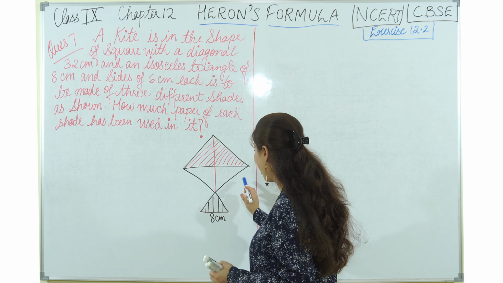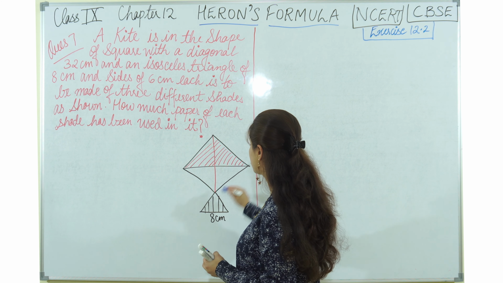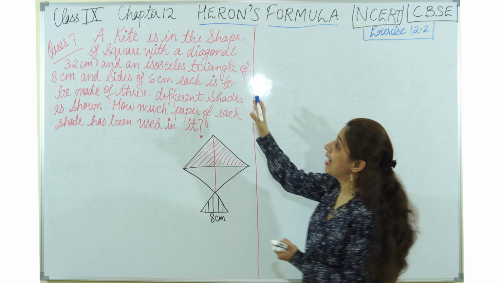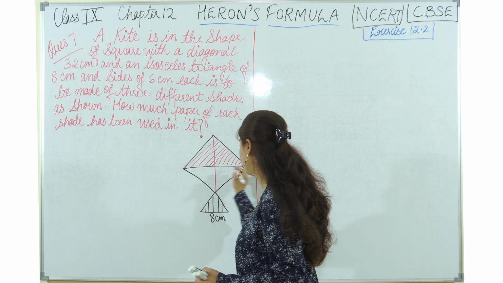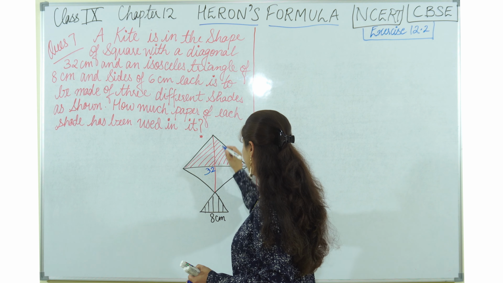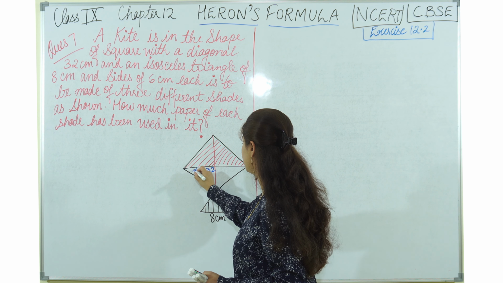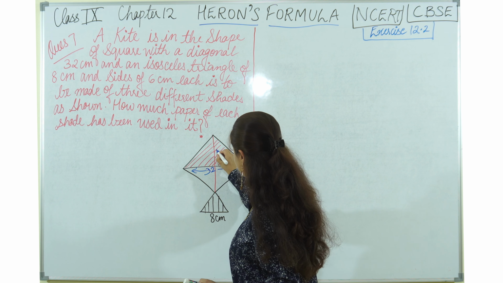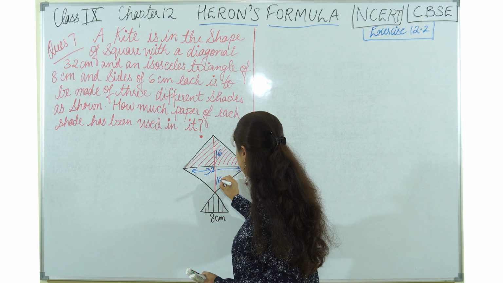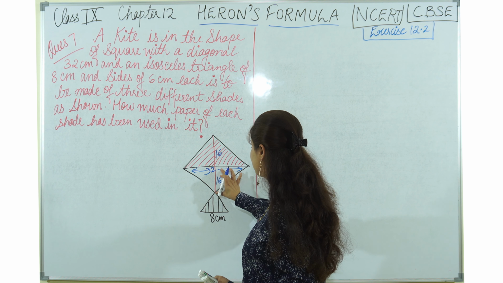So this is a kite shown over here having a square of diagonal 32 centimeters. So 2 diagonals are there in the square, both the diagonals are equal. So 32 centimeters is this and the diagonals bisect each other. So this is 16, this is 16.